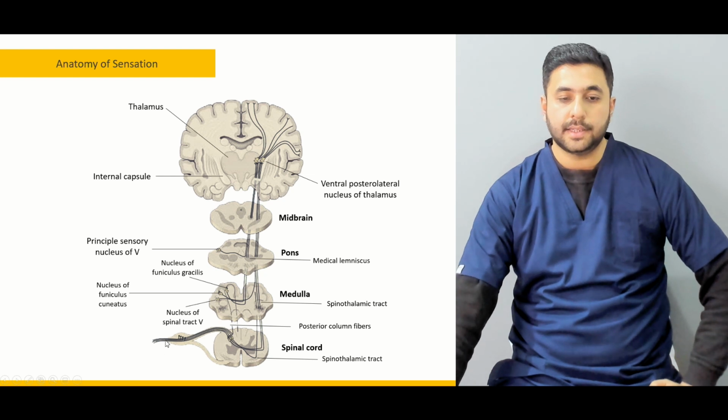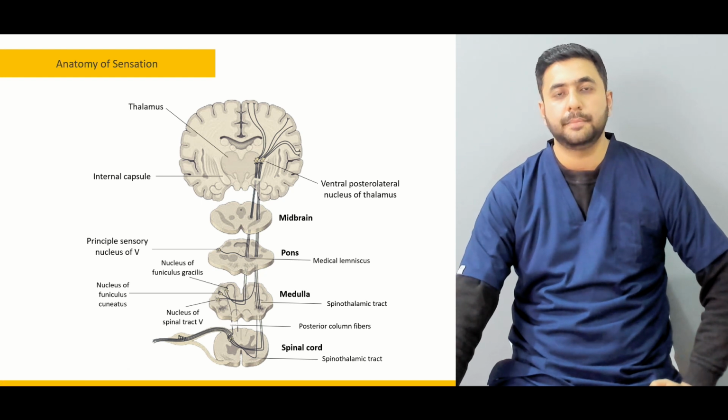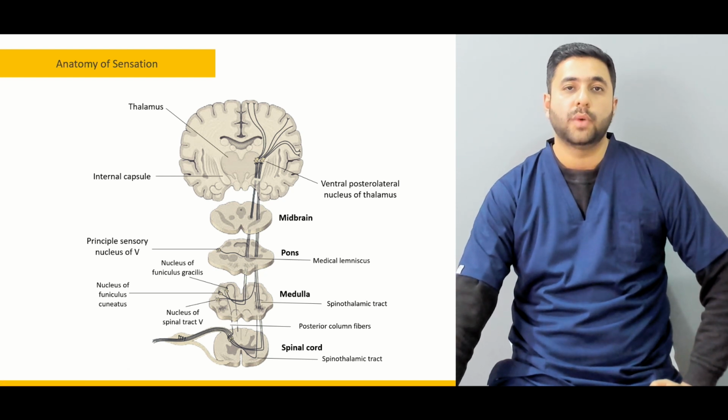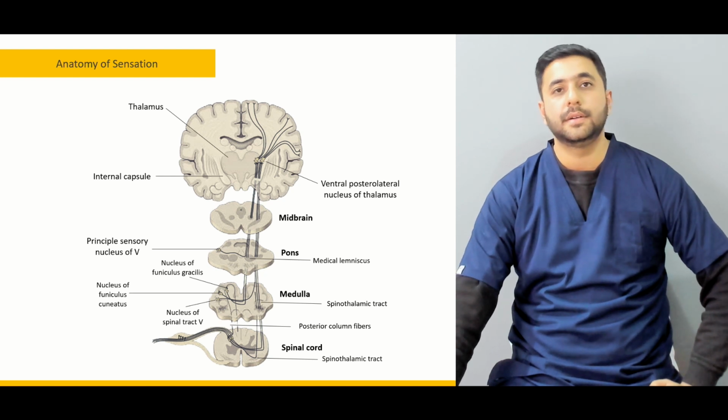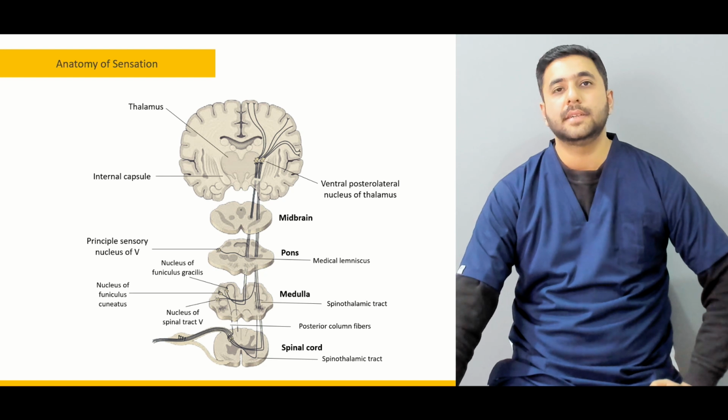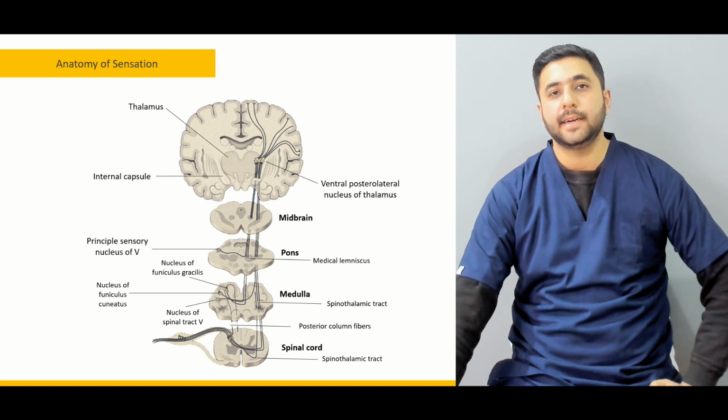Now, this is the sensory nerve which is arising from a peripheral receptor. There are generally two types of peripheral sensory receptors. The one is the free nerve endings, which are small nerve fibers, and which are basically involved with the sensations of pain and temperature.